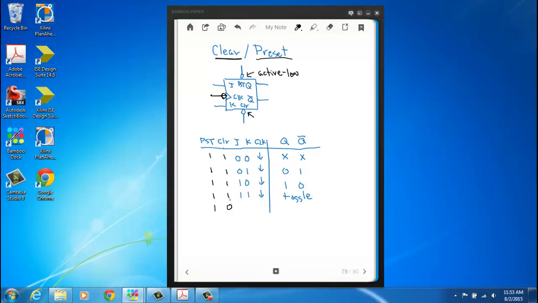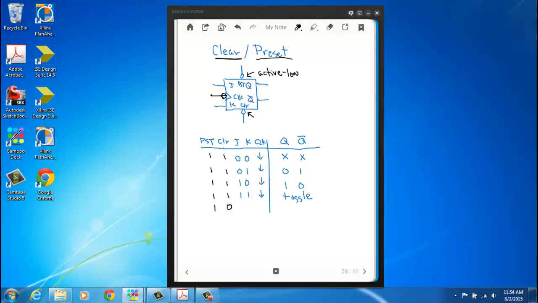So you would never want to activate clear and preset at the same time, because when they're activated, they make Q do opposite things. Clear makes Q go to 0 and preset makes Q go to 1. It wouldn't make sense to activate both at the same time, because you'd have an output trying to go to each extreme. What would end up happening is you would end up somewhere in between and you wouldn't really know what you had at the output. It would be an ambiguous type of output.